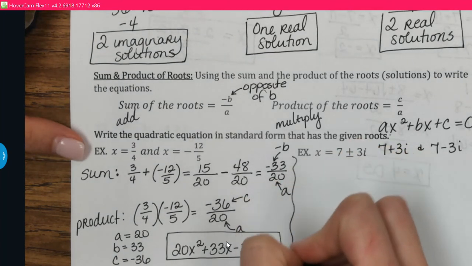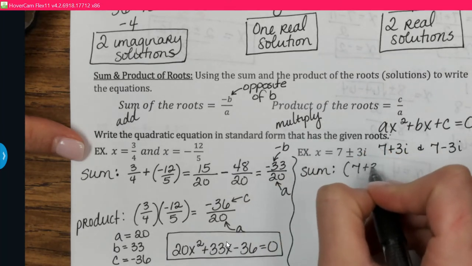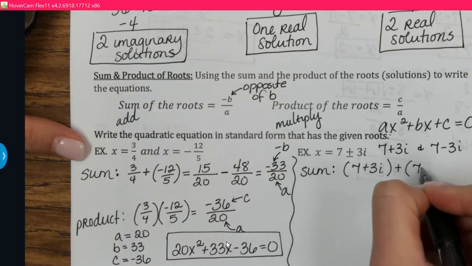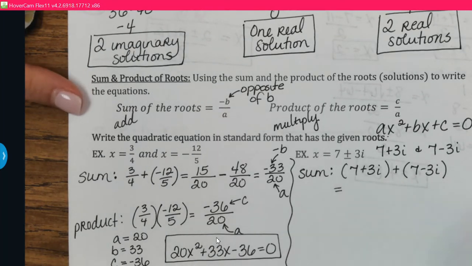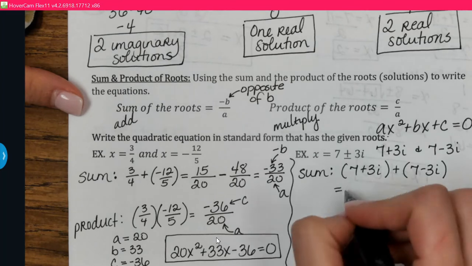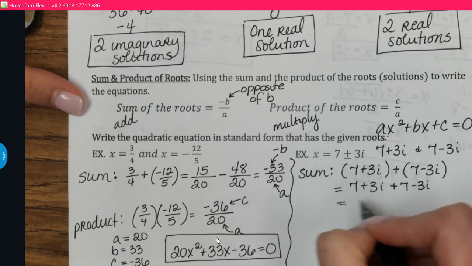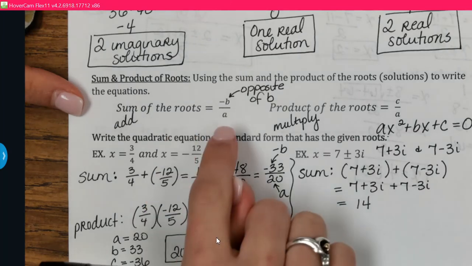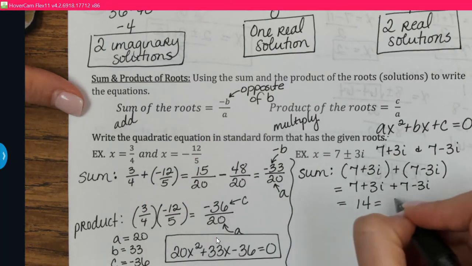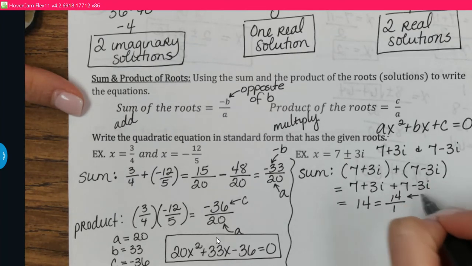So when I do the sum, I'm going to have 7 plus 3i plus 7 minus 3i, which just gives me 14. Now, I really want it in fraction form. So that's the same as 14/1. So then that 14 is the opposite of b. That 1 is my a.